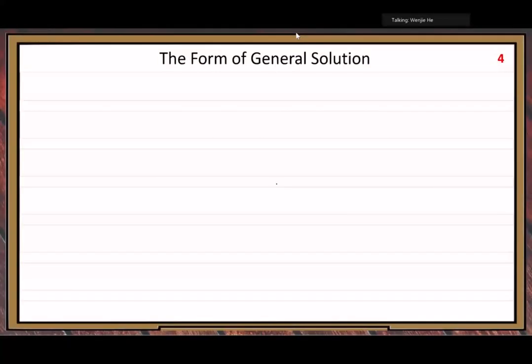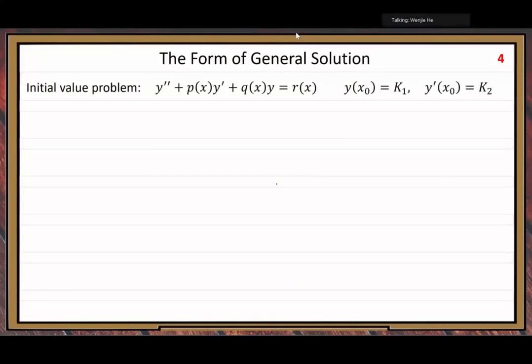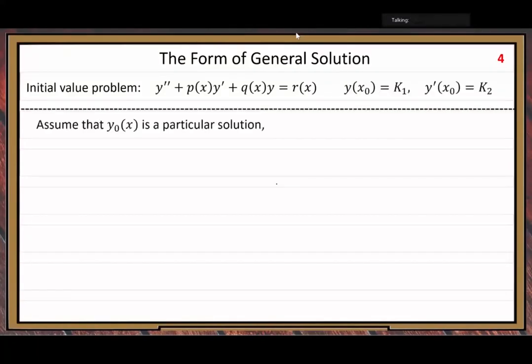So let's look at the form of the general solution and the initial value problem. We consider a particular solution, and use the same way as in the previous slide. We consider u equals y minus y0.